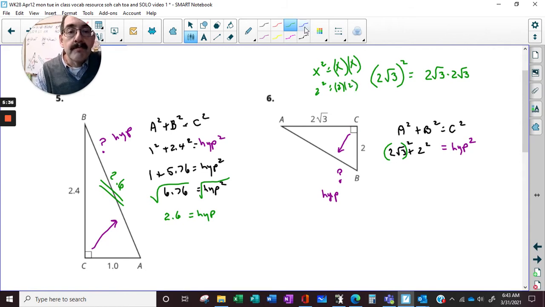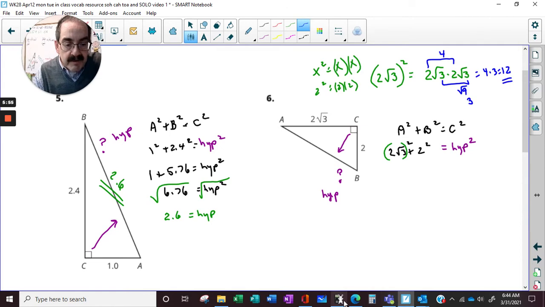Let's do the math. Let's try to do it in our heads. 2 times 2 is 4. Square root of 3 times the square root of 3 is the square root of 9. What's the square root of 9? 3. So this gives us 4 times 3, which is 12.